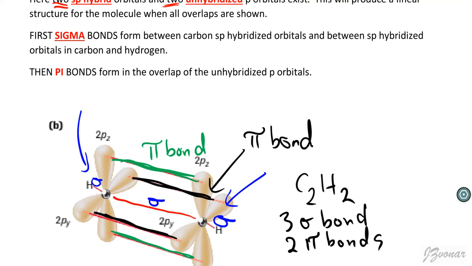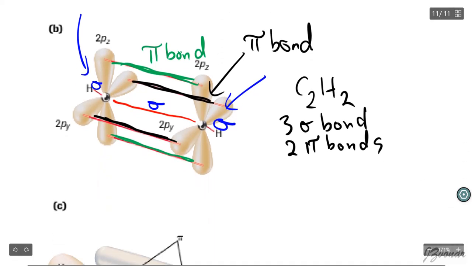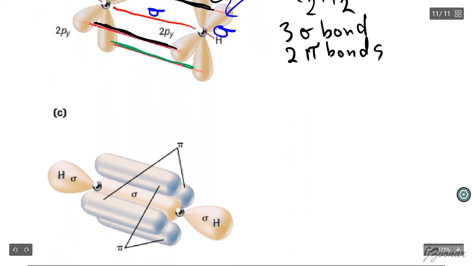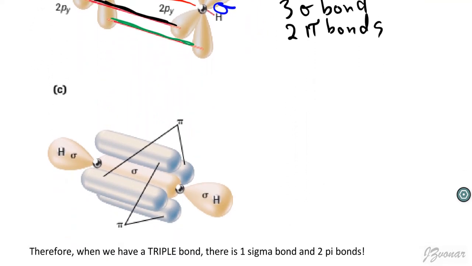So you've got that red bond represents 2 electrons, another pair of electrons along the black, and a third pair of electrons along the green. Here's another illustration to show where those sigma and pi bonds are found.